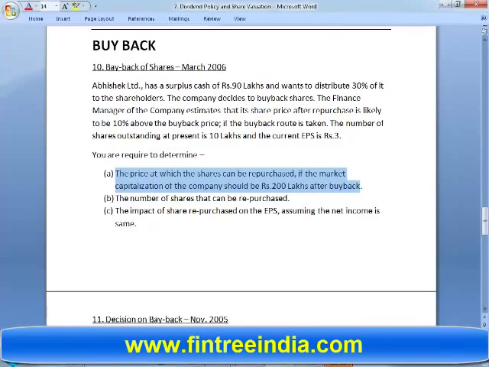The number of shares that can be bought back. So how many shares can we buy back? We are buying it at 20.88, and how much money do you have? 27 lakhs. So 27 lakhs divided by 20.88 is 1.29.